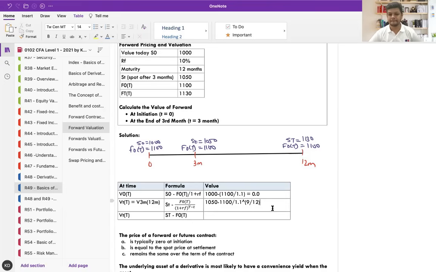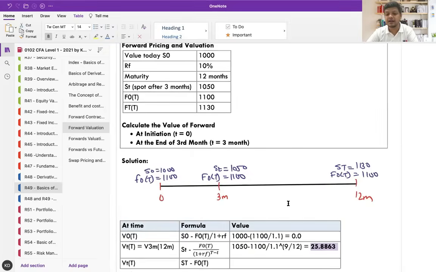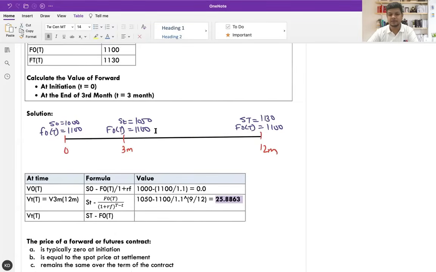Correct? Inverse it and multiply with 1100. 1024. Correct? Now, subtract 1050 from it, you will get 25.88.